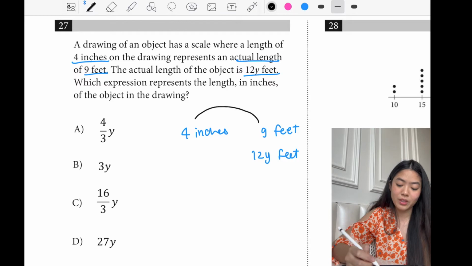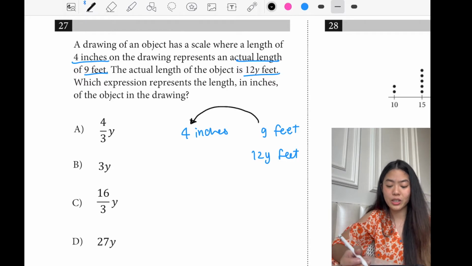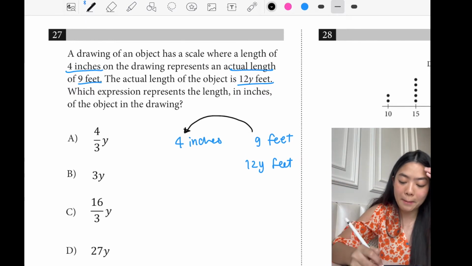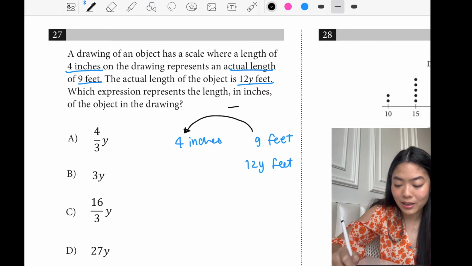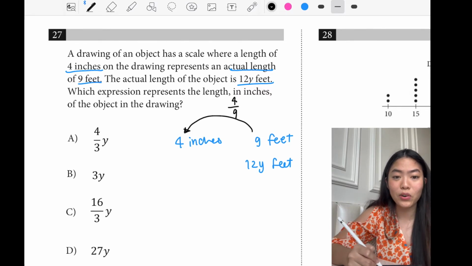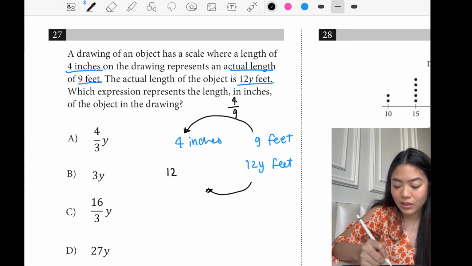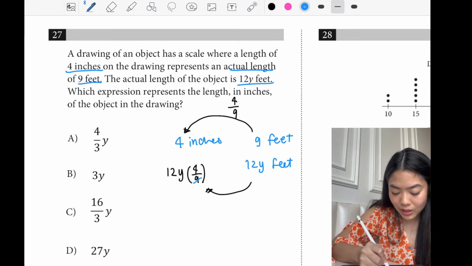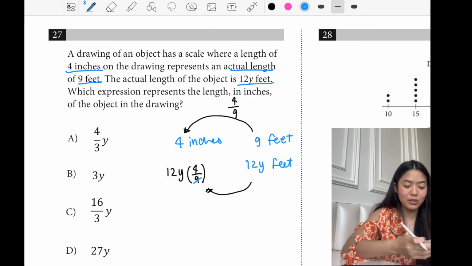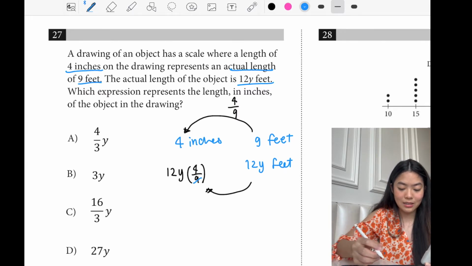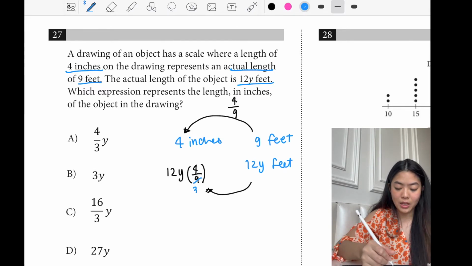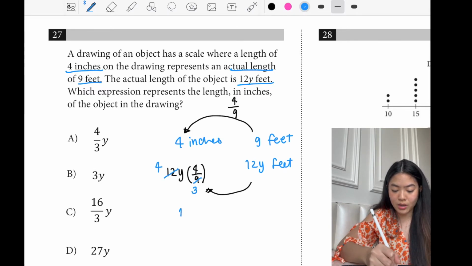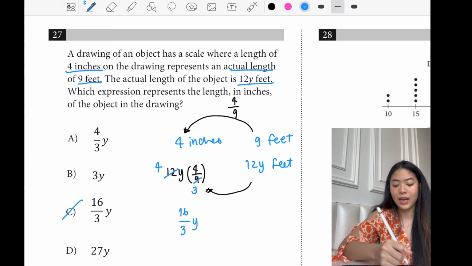From here, we want to go backwards to inches, and 9 can become 4 by dividing by 9 and then times 4. So it means times 4 by 9. Therefore, 12y times 4 by 9, and we simplify this using a calculator. The answer is going to be 16 over 3, y. C.